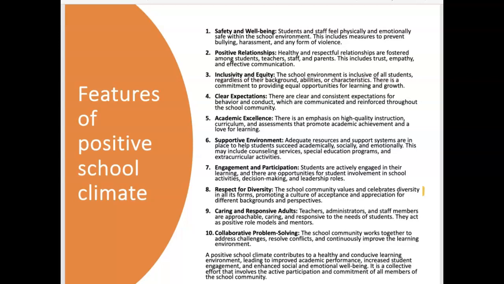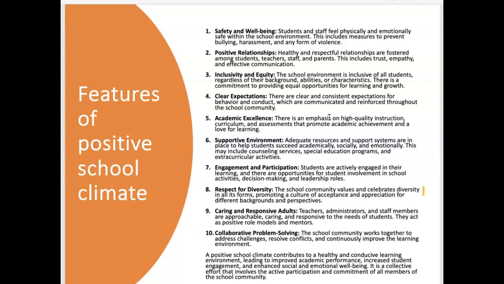Okay. Now, one of the things that I really like about this slide right here is that it gives you sort of definitions of what those features are. One of the things that this lacks is explaining how you would observe for this during your O&P experience.